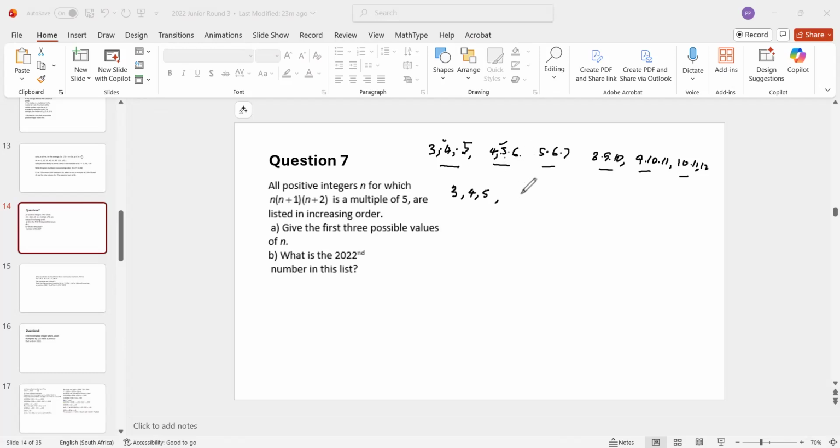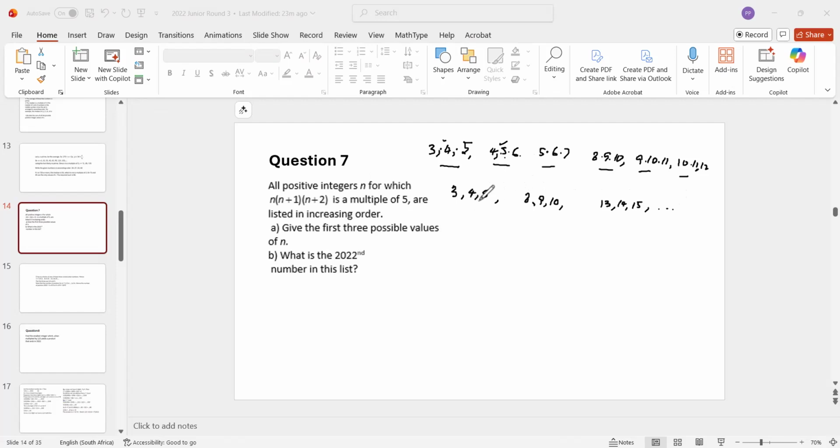You're not going to repeat these. Then we put 8, 9, 10. And then 13, 14, 15. Like that. So they're all listed in increasing order.